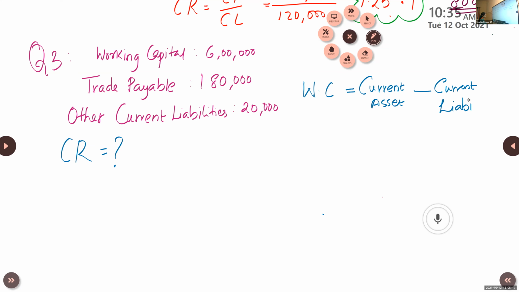Is there current asset in the question? No, there is no current asset. So we need to find out current asset, and what else is given to you? Do you have the current liability?